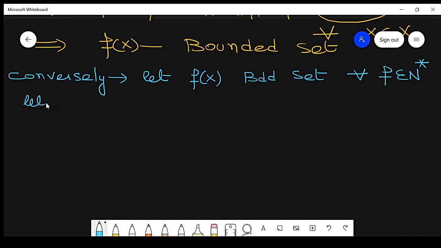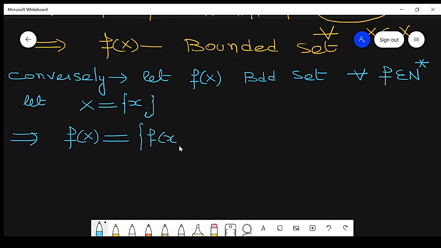Let the set X be denoted as x_i. So f of X is equal to the set of f of x_i, because it is a linear transformation.